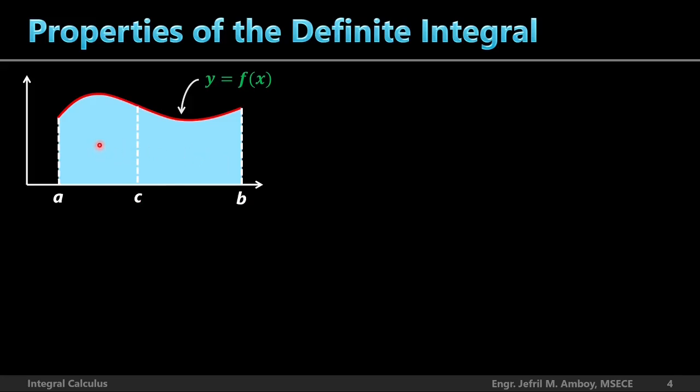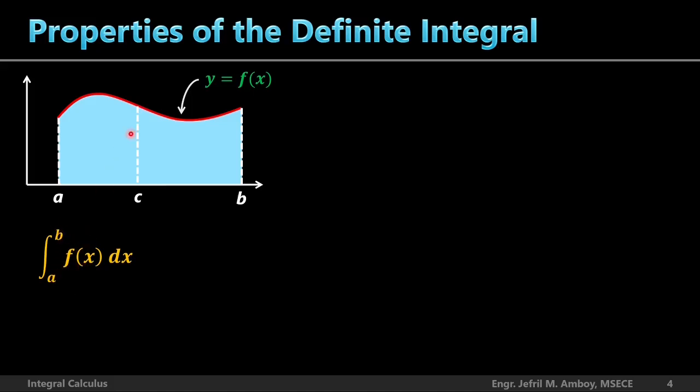Here, we will have an area on the left side and another area on the right side. But if we add these two areas, the answer would still be the same. Kagaya pa rin yan ng original area na nakuha natin kanina, na equal dun sa integral ng f of x dx from a to b.